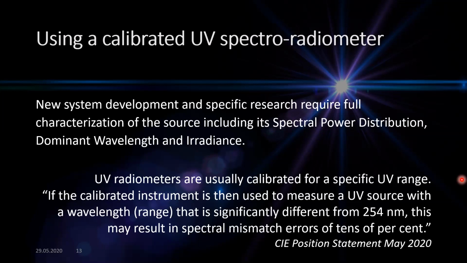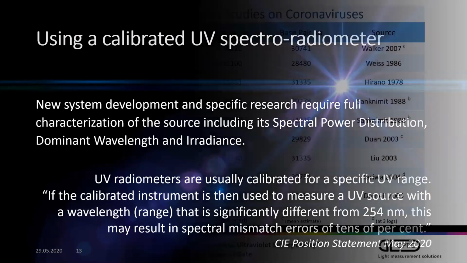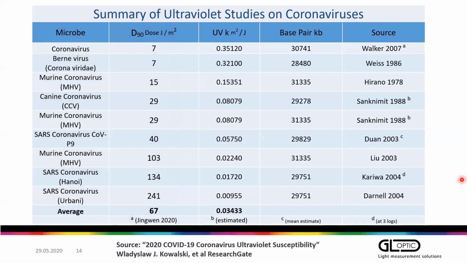Now I would like to share some information about the dose, or the information that is available on coronaviruses. There are some studies, obviously not on the coronavirus we are suffering from right now, but on coronaviruses recognized many years ago during different pandemics and during different times.